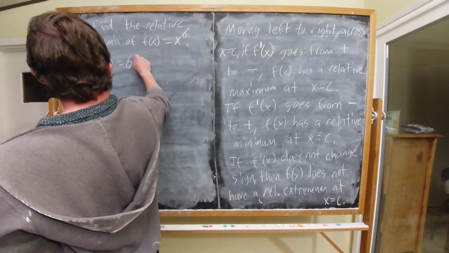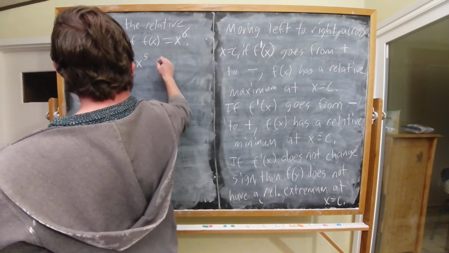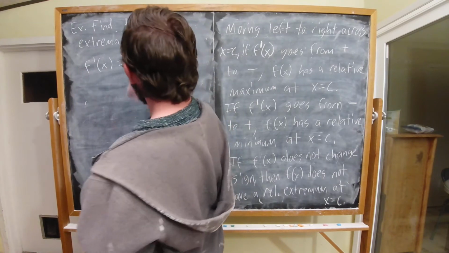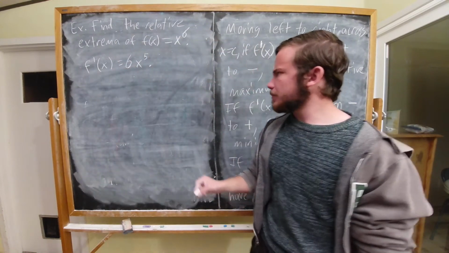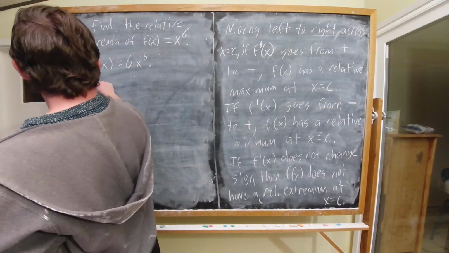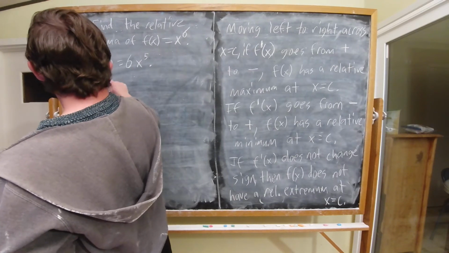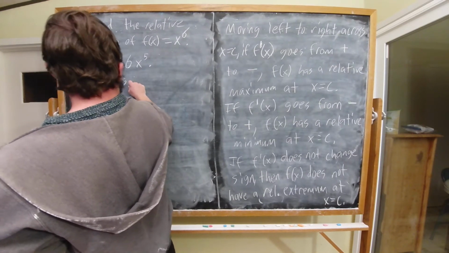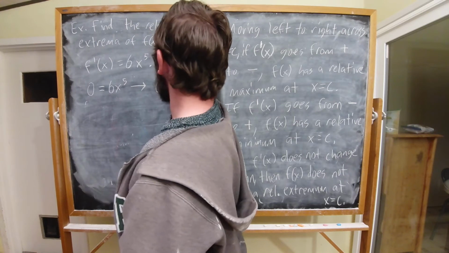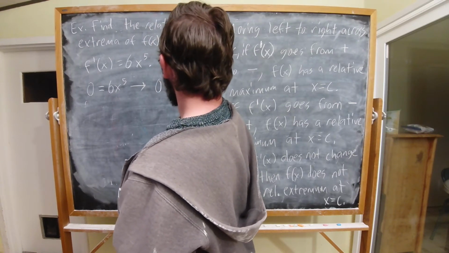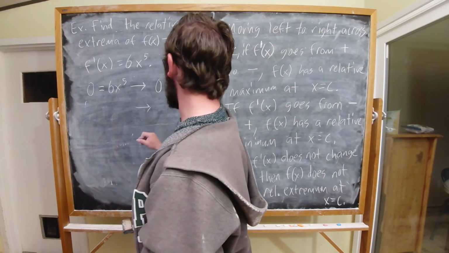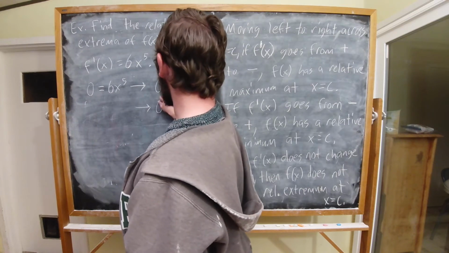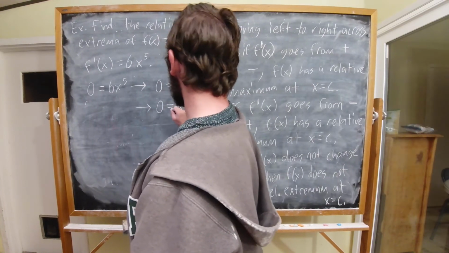F prime of x is equal to 6x to the fifth. So this exists everywhere because it's polynomial. So let's set equal to 0. 0 equals 6x to the fifth tells you that 0 is equal to x to the fifth. Taking the fifth root on both sides gives you that 0 is x.